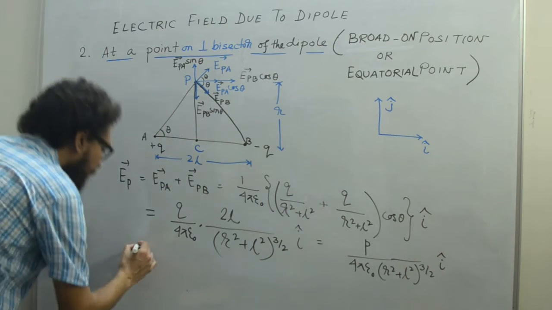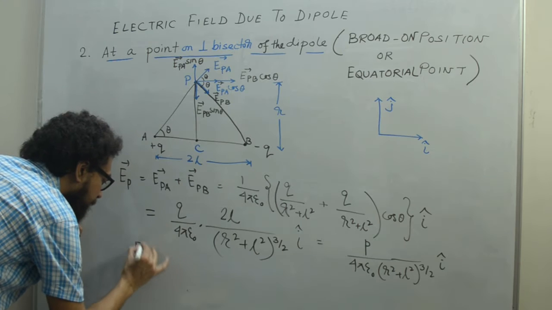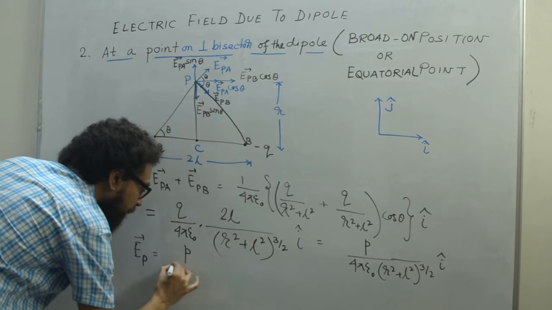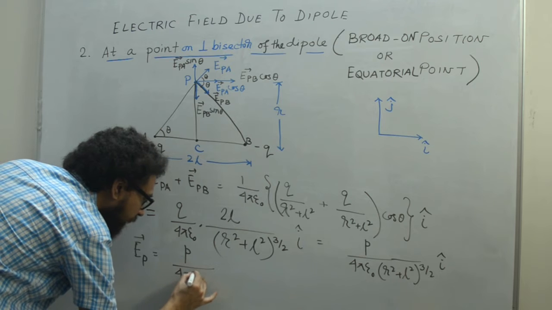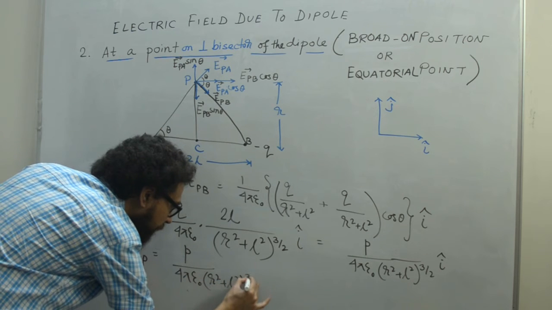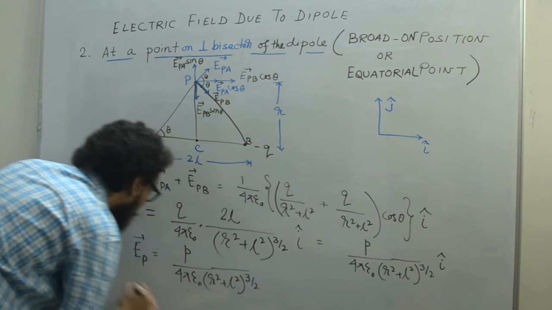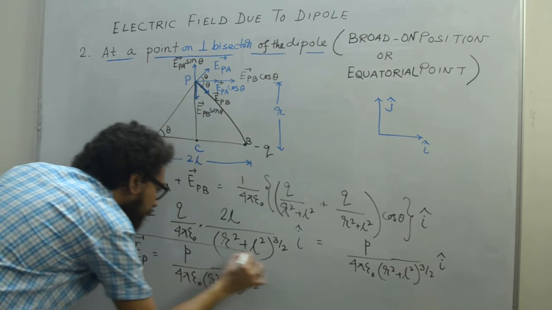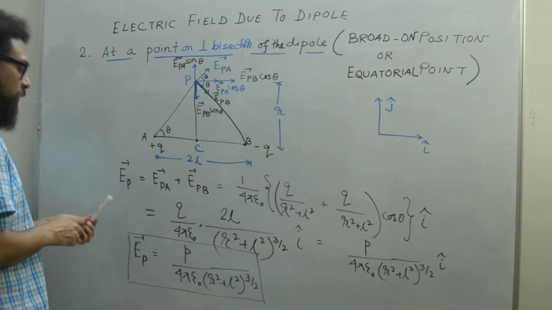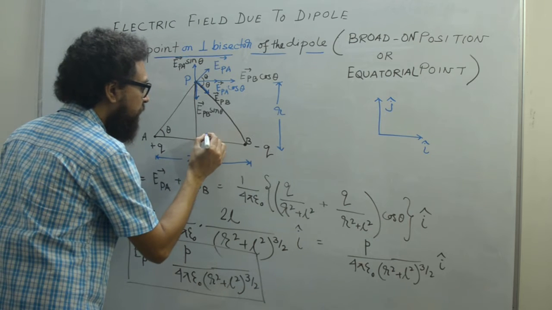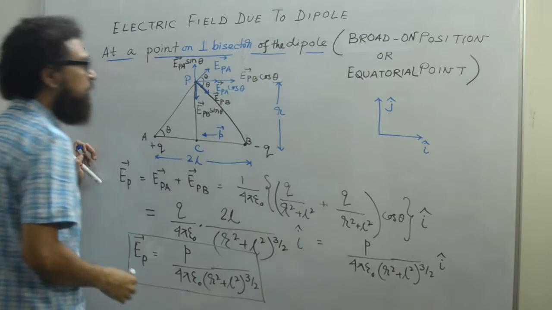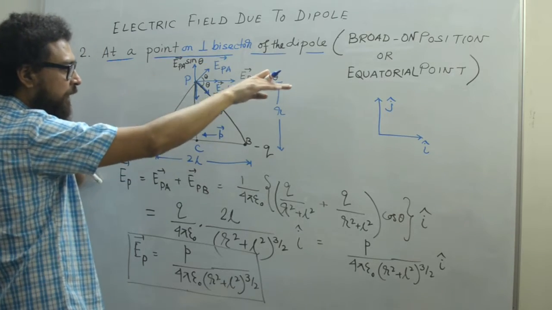So what is the final expression I am going to write here? I am going to write P by 4 pi epsilon naught R square plus L square to the power 3 by 2, and the direction, I can see the direction. You see, I am writing here the direction of dipole moment is like this, and direction of electric field is like this.